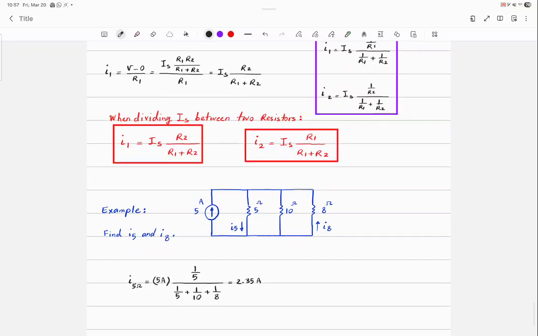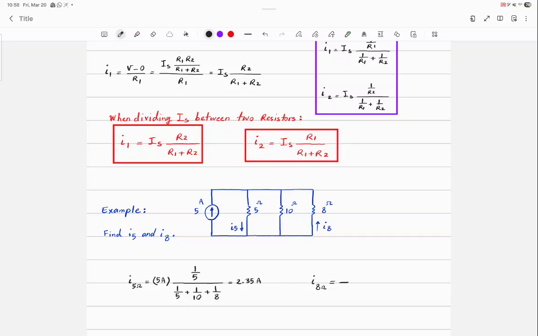And what is I8? Again, negative. Why? Because if you look at the direction that 5 amps is pushing into the combination of the resistors, I8 is the opposite of that.